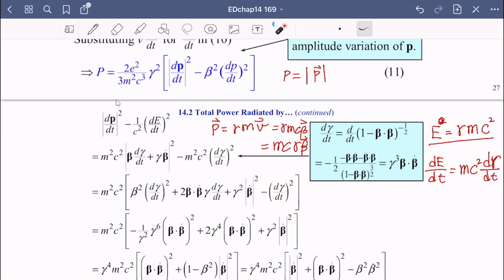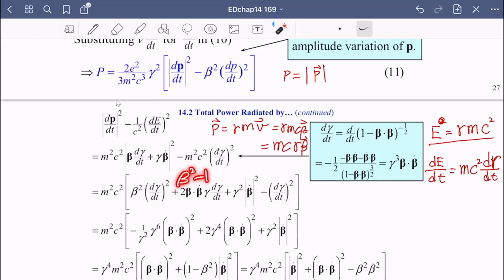Okay, so this one the same, beta dot. We have beta dot here. Oh, sorry, we have another one. Another one exactly the same.